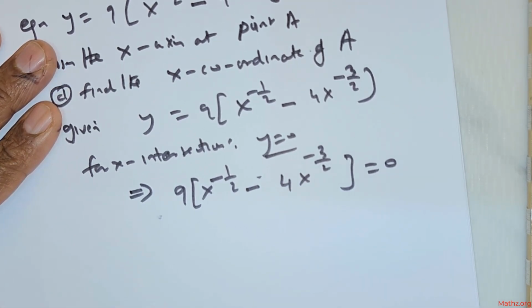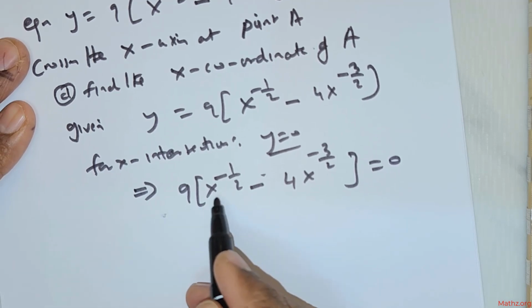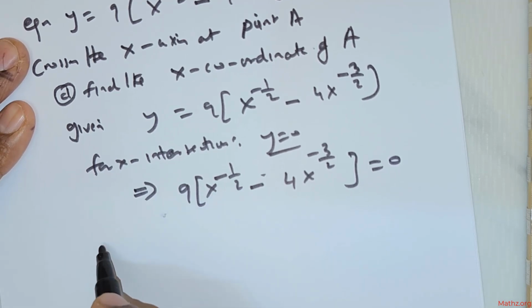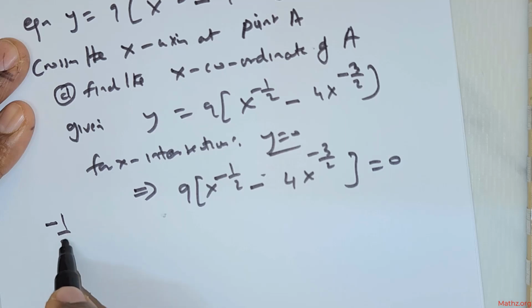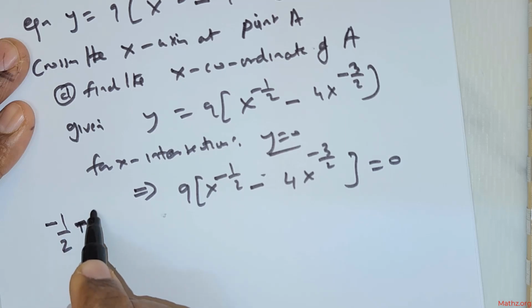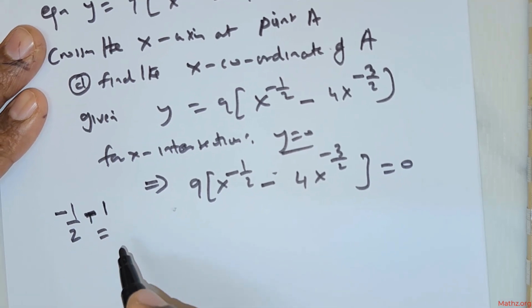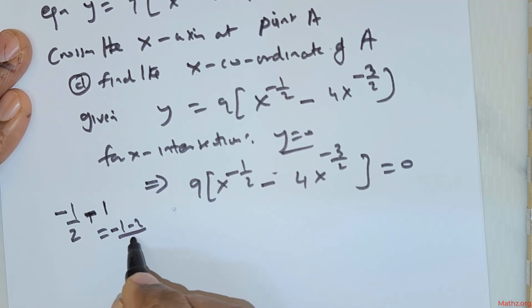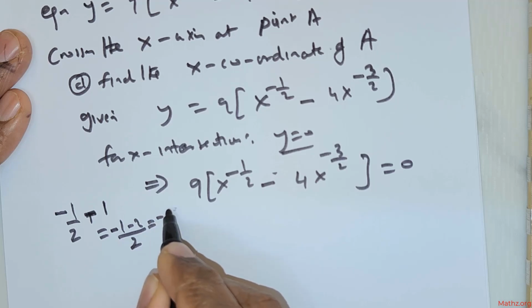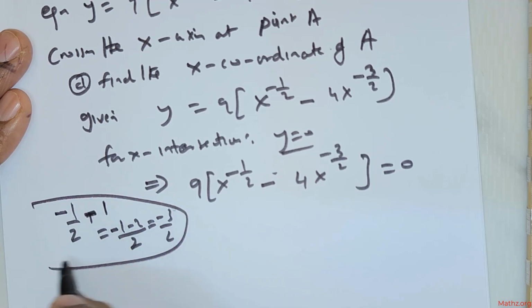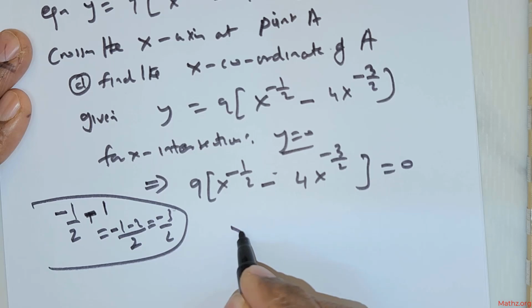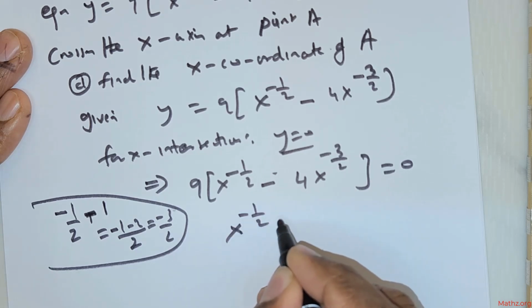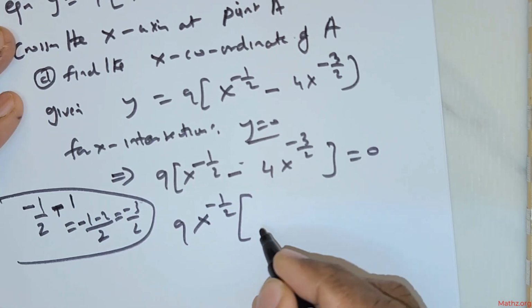Now what I wish to do is take an x out. Now negative 1 over 2, negative 1, this is going to be giving us negative 1, negative 2 over 2, and that's negative 3 over 2. Now why do I do this? I just want to take this x raised to the power of negative 1 over 2 out.